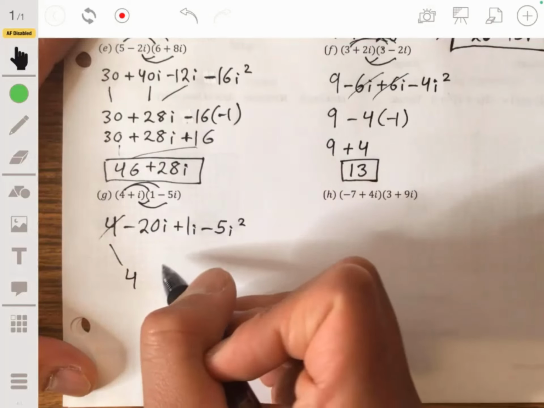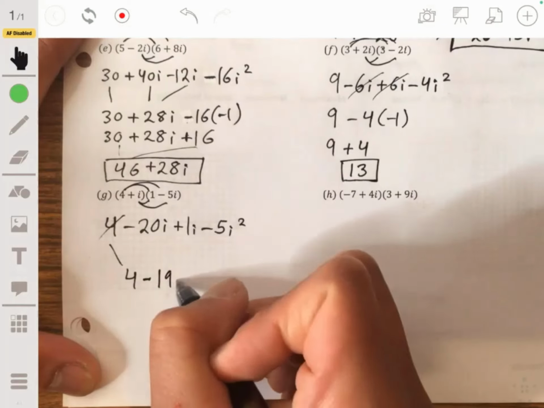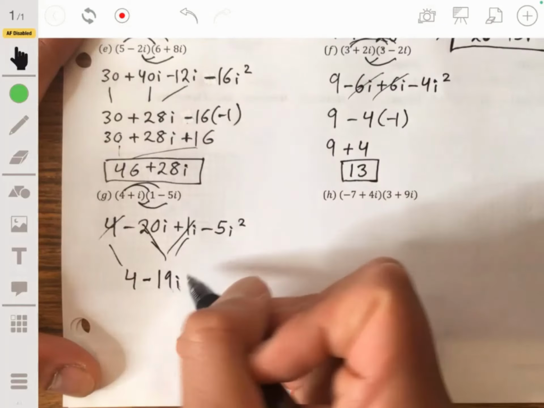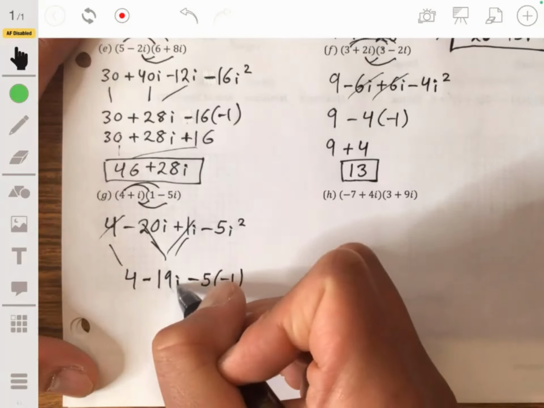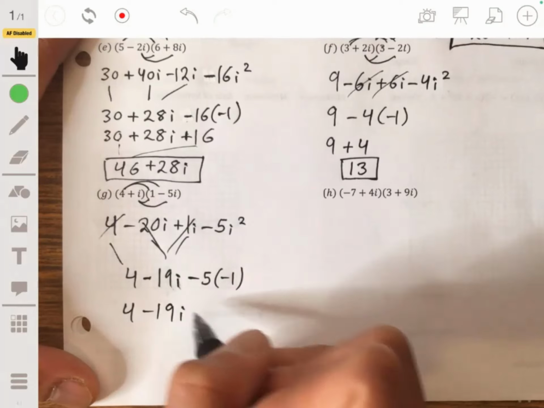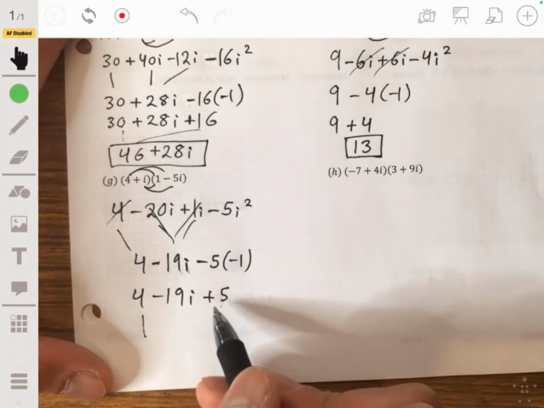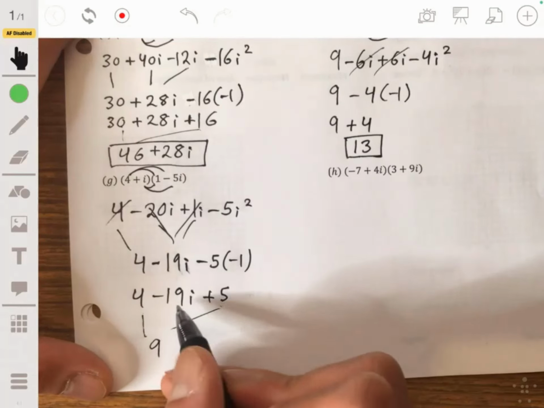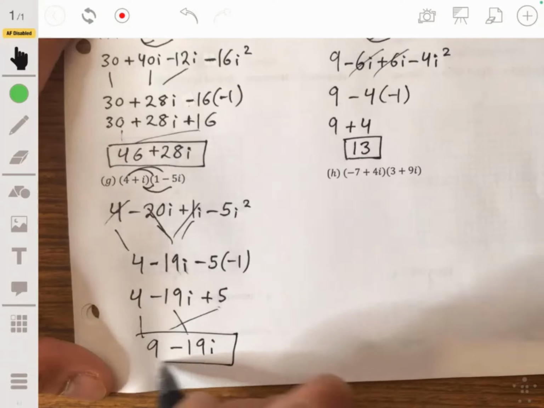Minus 20i plus i make a minus 19i. Minus 5i squared, or minus 5 times negative 1. So we get 4 minus 19i plus 5. 5 and 4 make 9. Drop the 19i. We get 9 minus 19i.